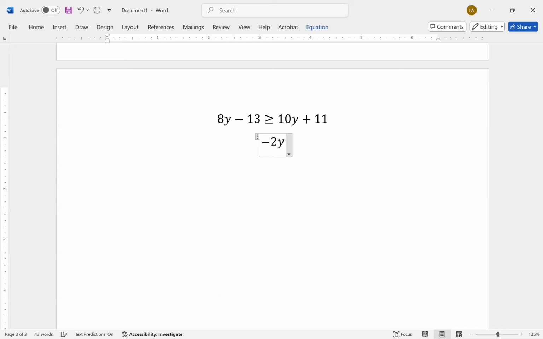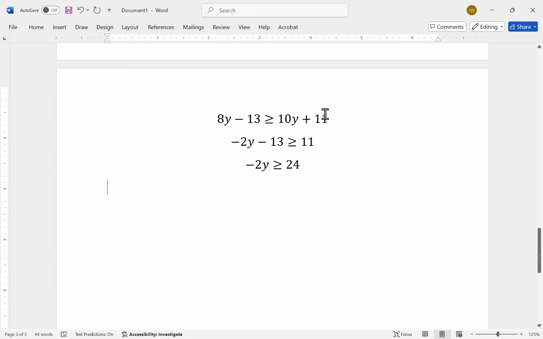If I did that, I'd get negative 2y minus 13 is greater than or equal to a positive 11. Then I would add 13 to both sides. That would give me negative 2y is greater than or equal to 24.